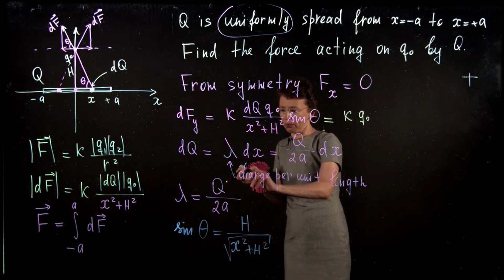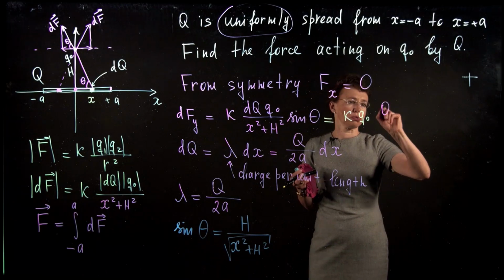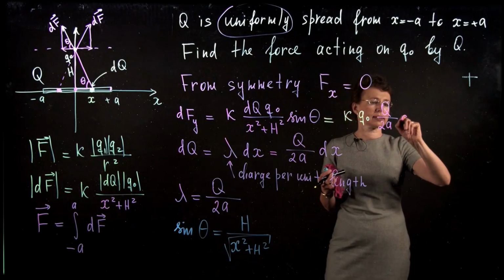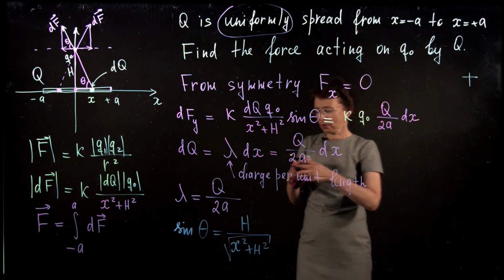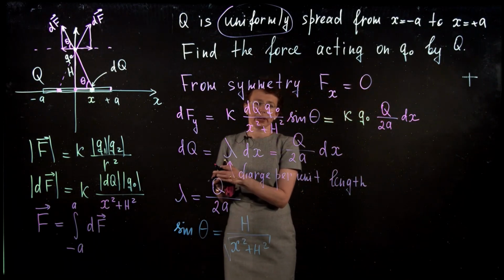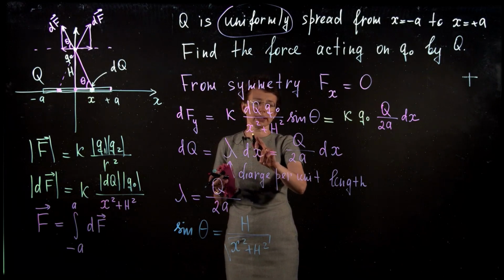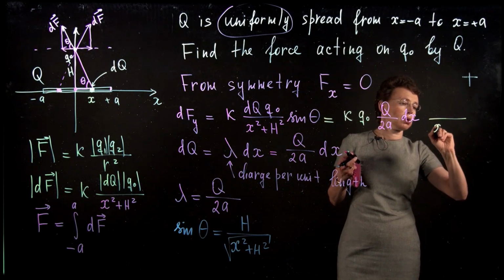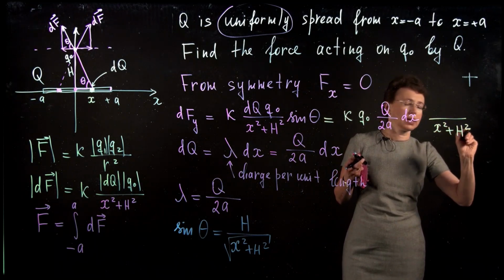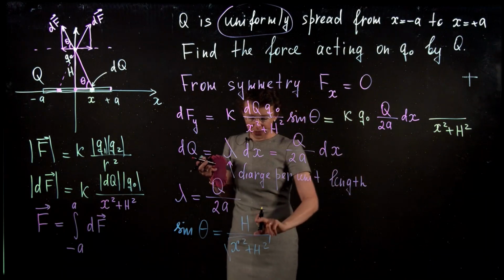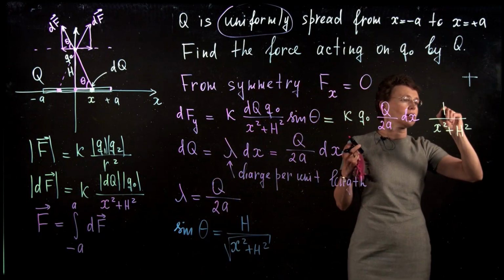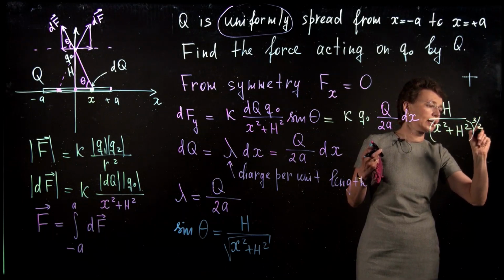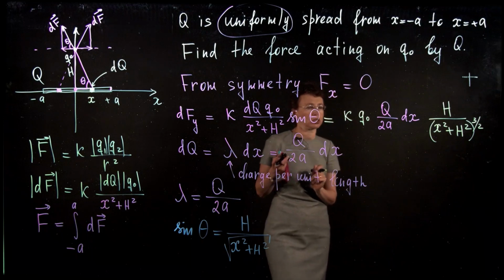So dq is q over 2a dx. This is dq. What is left is 1 over x squared plus h squared, and sine theta. And sine theta is h divided by the square root of x squared plus h squared, which brings me to x squared plus h squared to the 3/2.